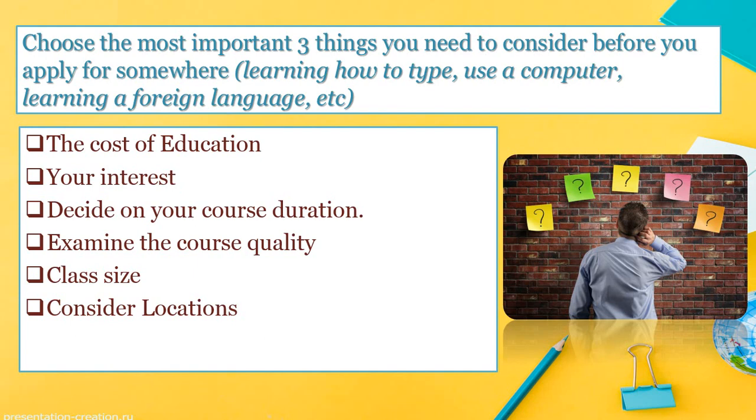The first is the cost of education, your interest, deciding on your course duration. Next is examining the course quality. The next is class size. And the last one is considering locations.